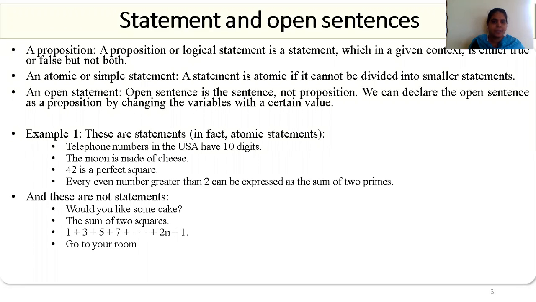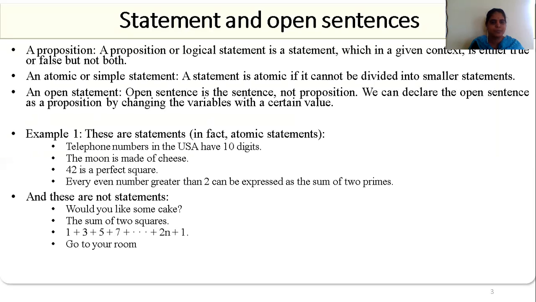Let's consider examples of atomic statements, like telephone numbers in the US have 10 digits. Obviously, any telephone number or mobile number has 10 digits. Sometimes it may be true or false, but it is a statement. The moon is made in China. No, it is not made in China, but it is a statement which results in either true or false.